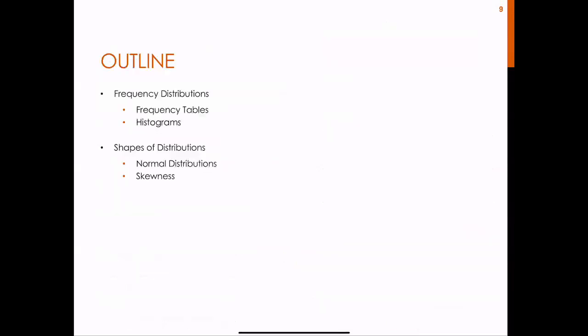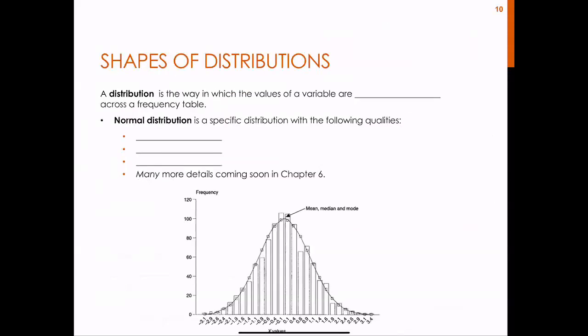So we covered everything for the frequency distribution. So let's talk about the shapes of distribution. Notice here that we have a histogram with a bunch of bars, and then over that, we have laid this line, right? This line.